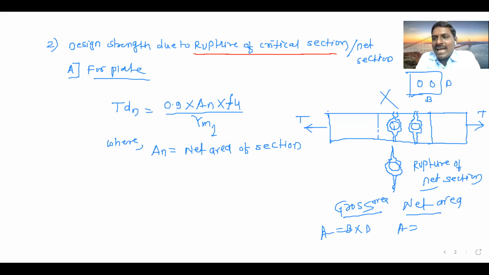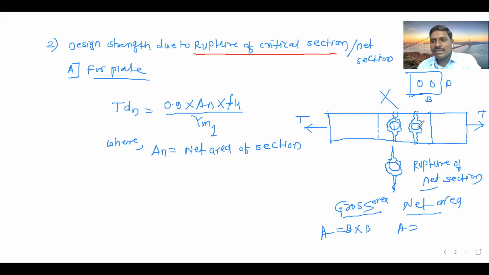It means what I have done here for this particular plate: I have made the holes for bolting purpose. Right? I have made the holes. Two plates are to be jointed by overlapping each other, so how will we joint them? By bolting. Is this correct? Yes, sir. So it means we have made holes in the plate.